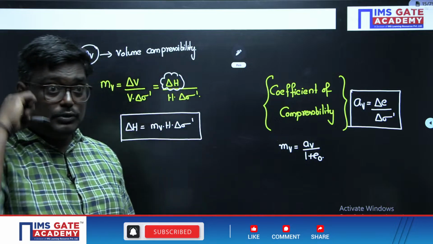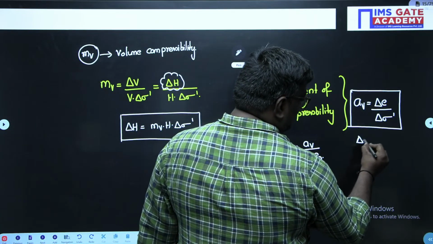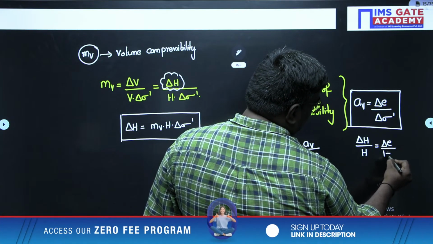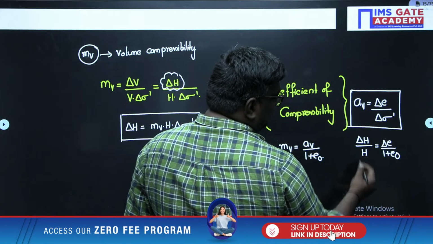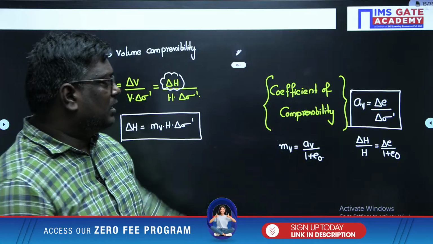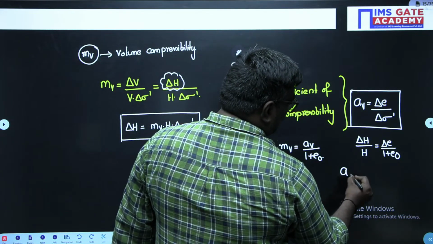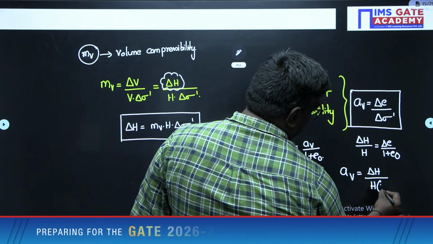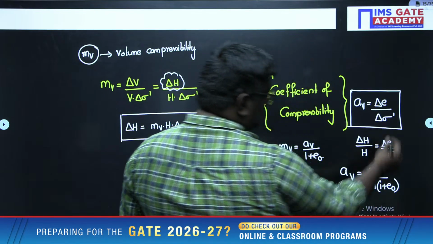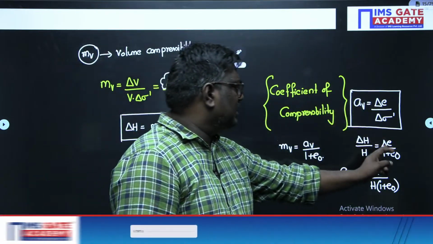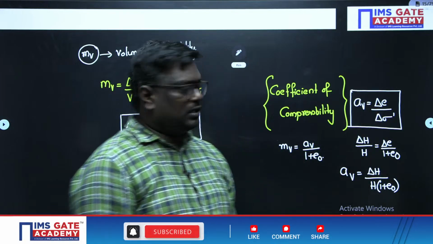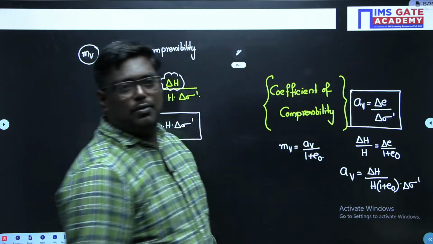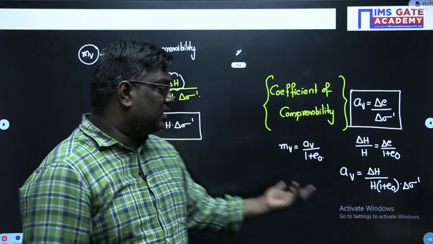Why? You know already from the height of solids, delta H by H is equal to delta E by 1 plus E naught. So AV can also be written in terms of delta H by H and 1 plus E naught.